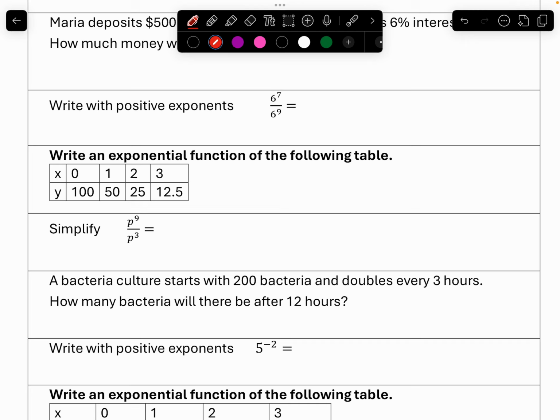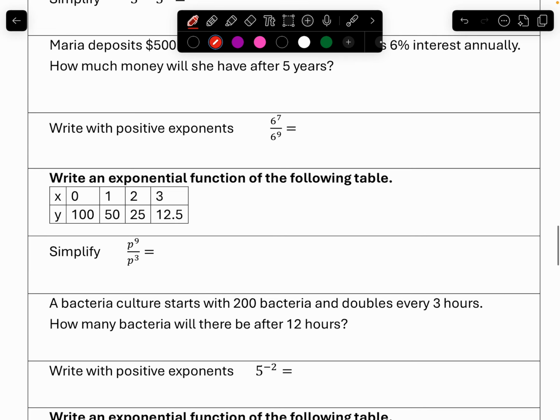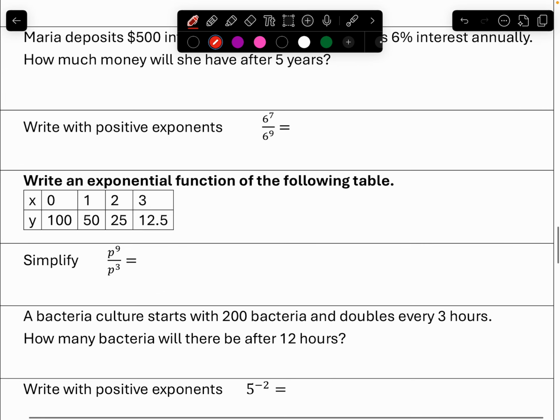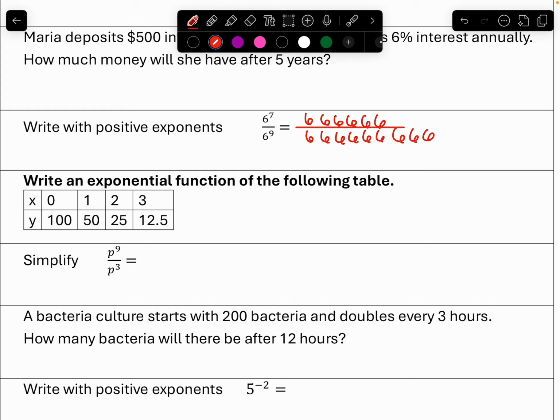And then for this one, write with positive exponents. Another way you could do this, by the way, instead of subtracting the exponents, is just write it all out. How many 6s on top? 1, 2, 3, 4, 5, 6, 7. How many on the bottom? 1, 2, 3, 4, 5, 6, 7, 8, 9.